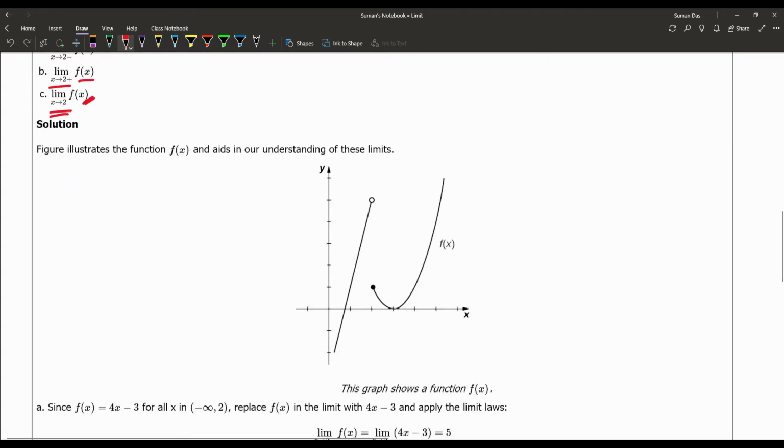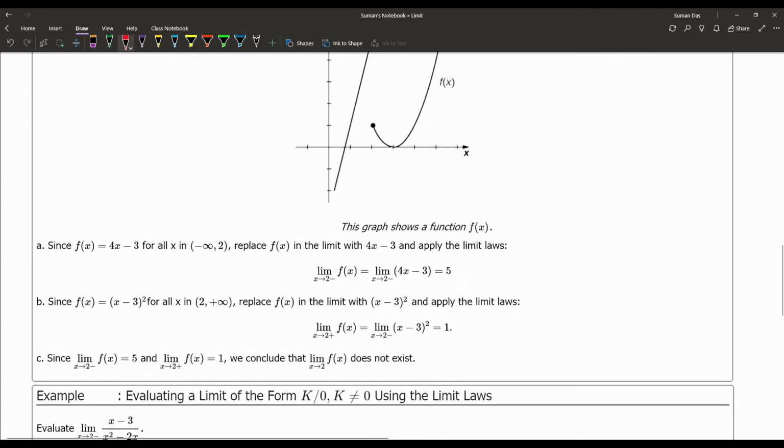Let's check the first one. The first one means we are trying to find the limit as x approaches 2 minus. 2 minus means once again the x value is less than 2.